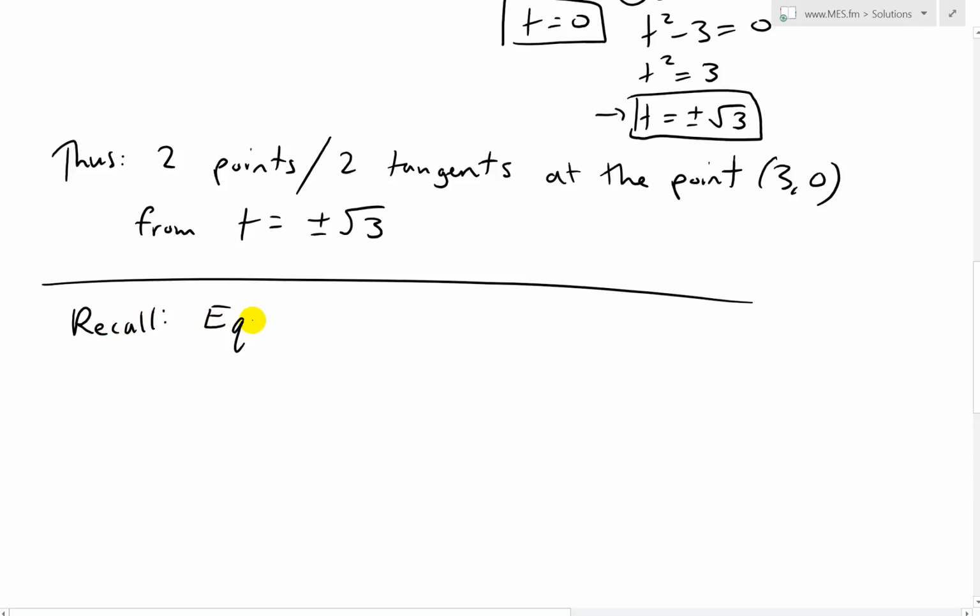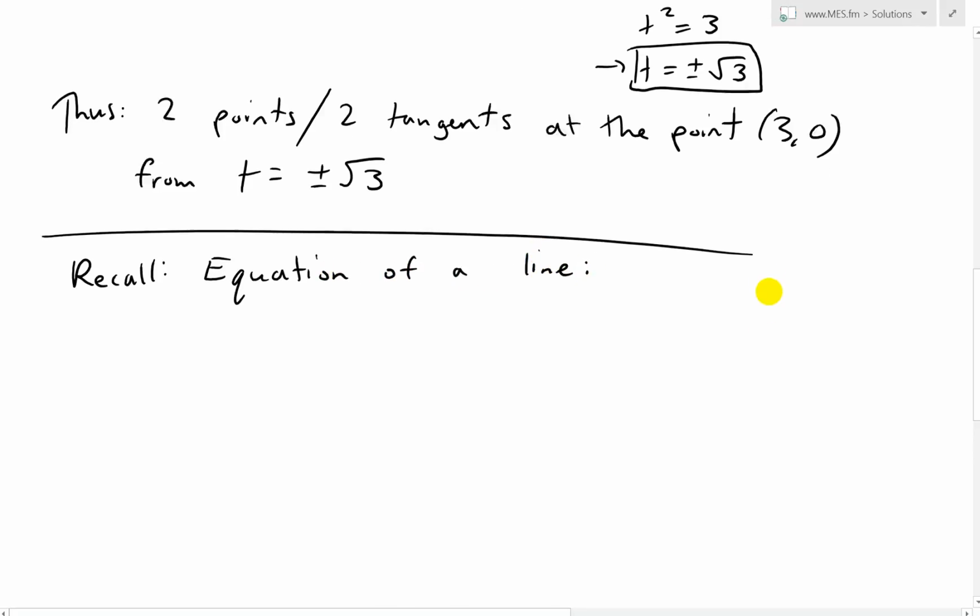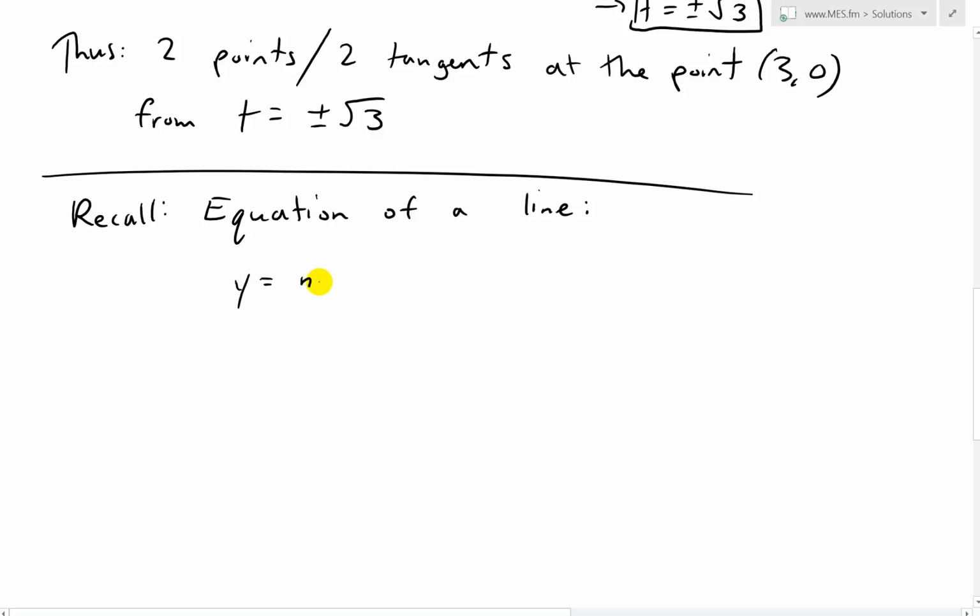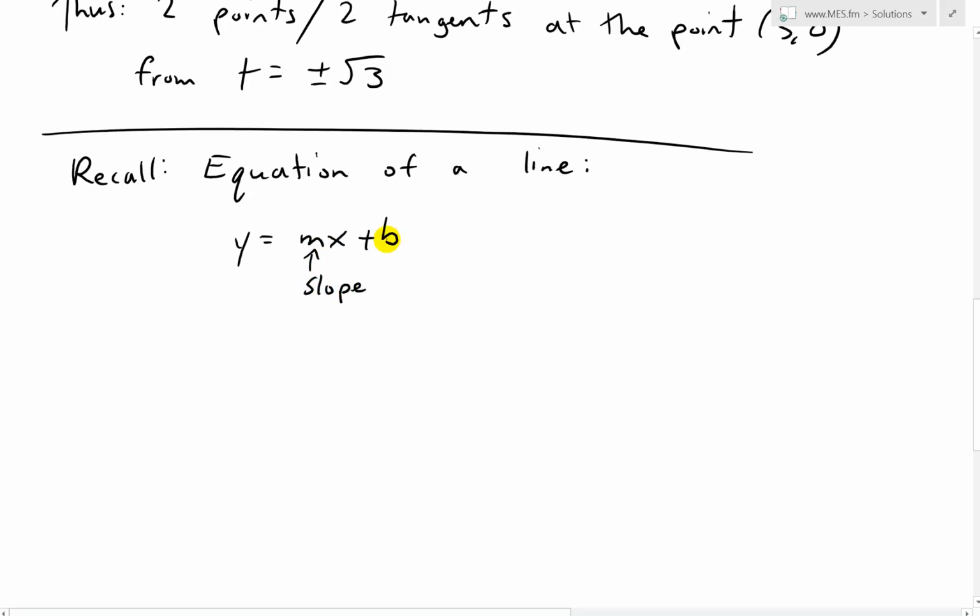Recall the equation of a line. Let's write this down. The equation of a line is y equals mx plus b, where m is the slope and b is the y-intercept.